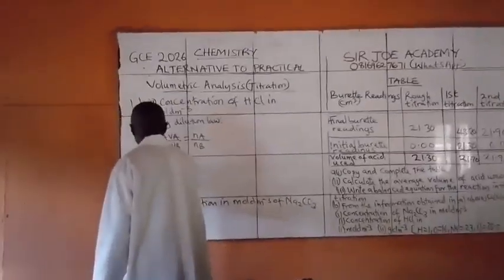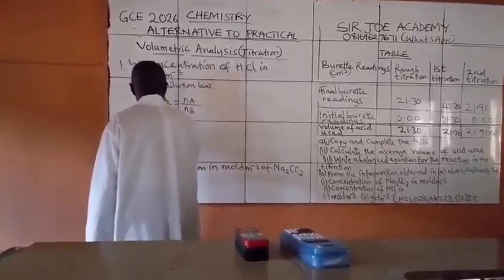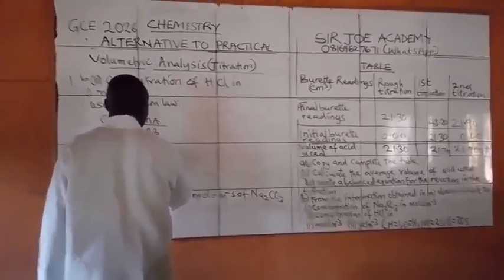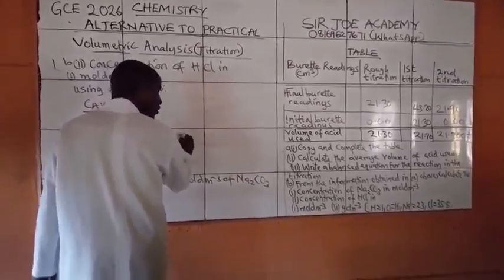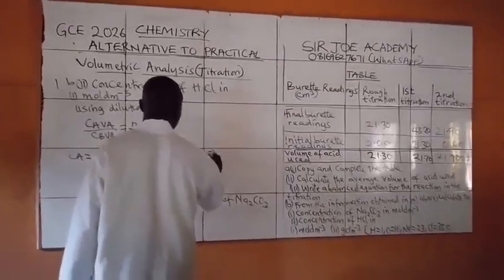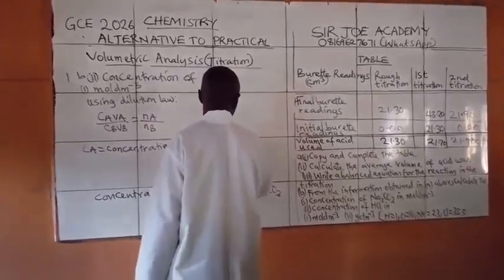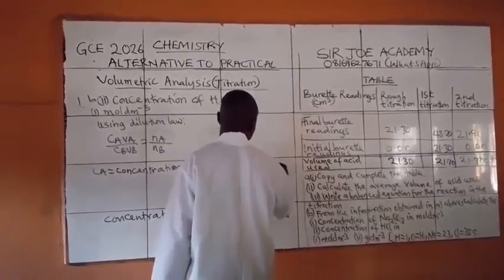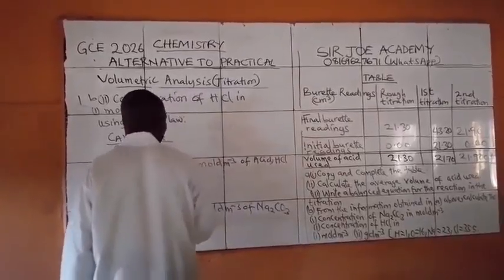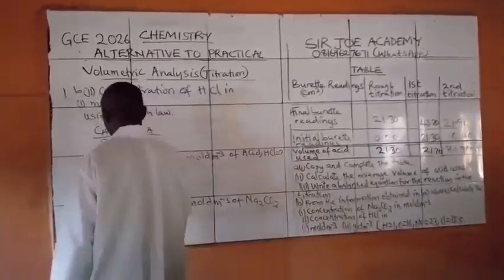Where CA is equal to concentration in mole per dm cube of acid, that is HCl, which is to be calculated, so it is unknown.